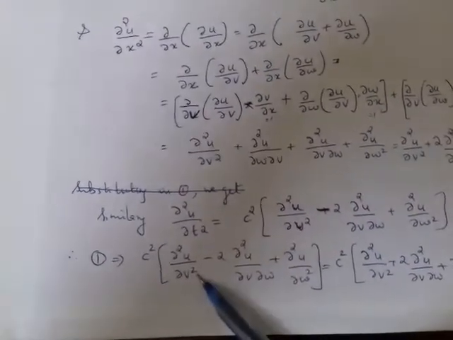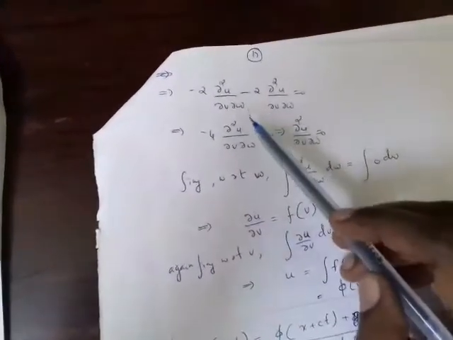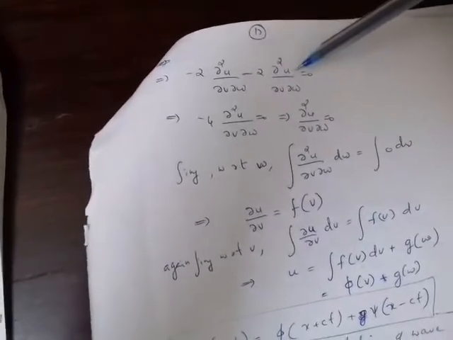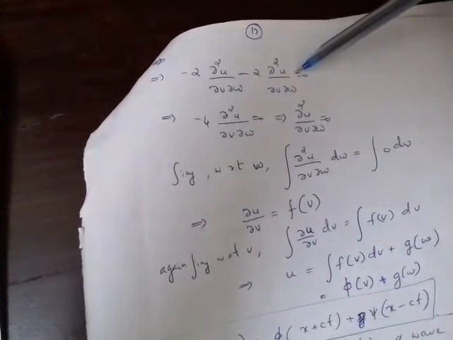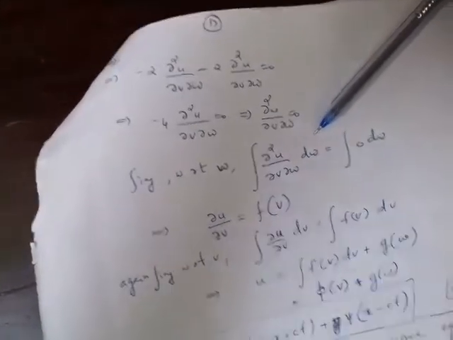So substituting in the given equation, we will be getting minus 2 ∂²u/∂v∂w minus 2 ∂²u/∂v∂w is 0, or ∂²u/∂v∂w is 0.